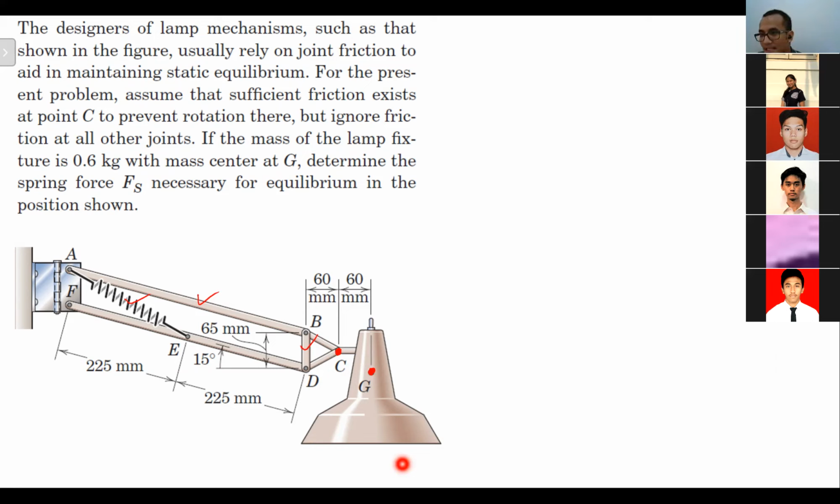BC and CD, this is for all of you. It looks like they are two force members, but actually they are not. Why? Because as I told you from the beginning, C is a joint with friction. If it's a joint with friction, it can give moment there.